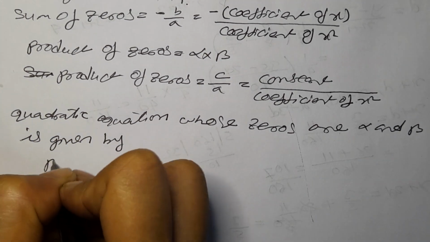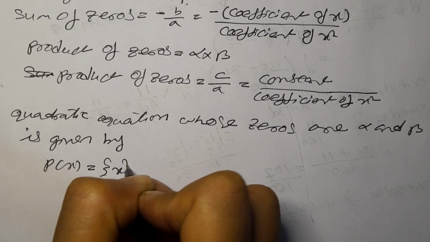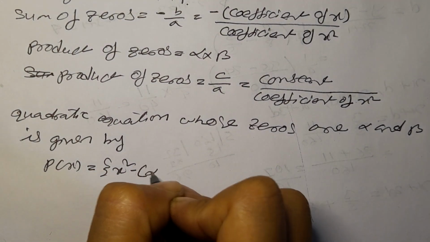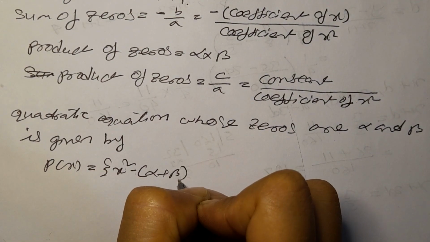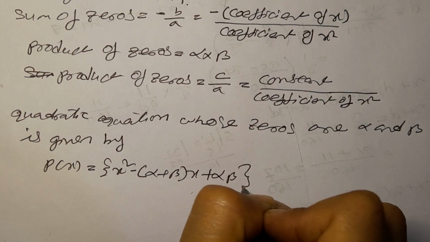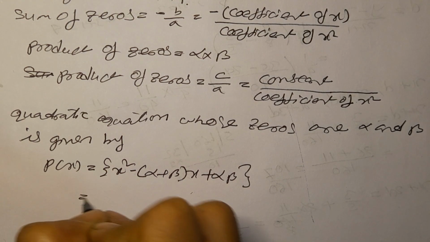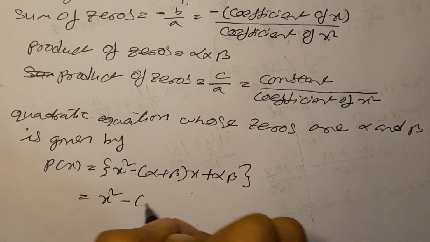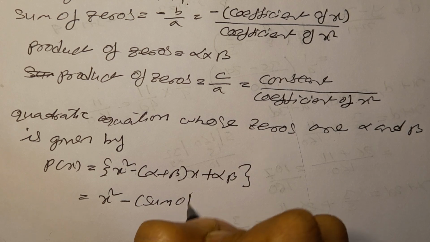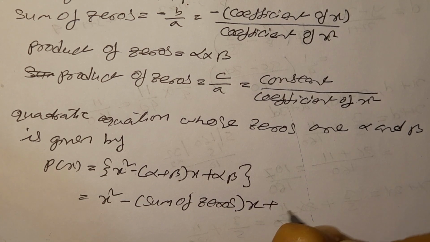We write p(x) = x² − (alpha + beta)x + alpha·beta, that is, the sum of zeros and the product of zeros. In words, it is x² minus the sum of zeros into x plus the product of zeros. This is the direct formula in terms of alpha and beta, and the statement is to remember it: x² minus sum of zeros into x plus product of zeros.